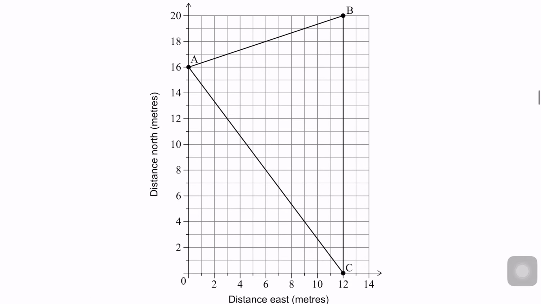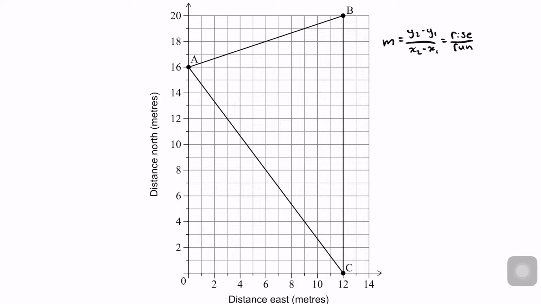Slope formula is given by m, and that's equal to y2 minus y1 over x2 minus x1. Conventionally, we call this rise over run, and we can plug in values of y2 minus y1, x2 minus x1 like this.